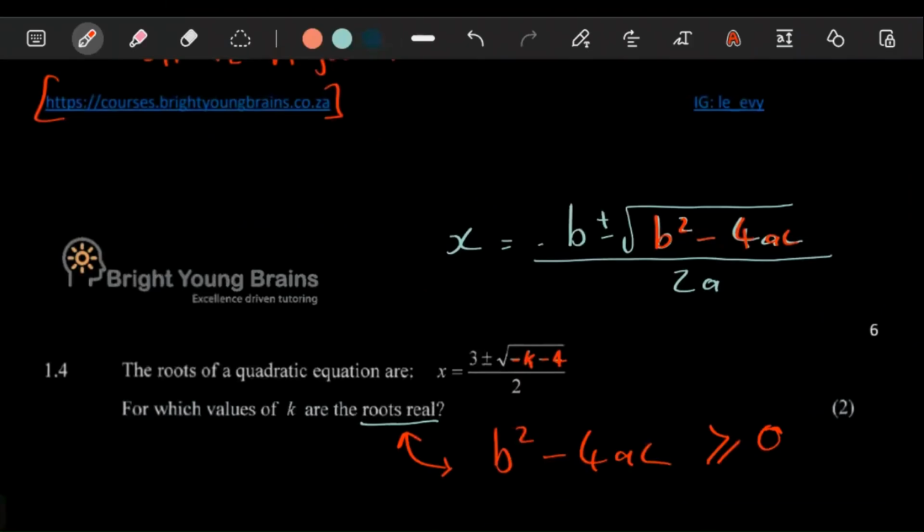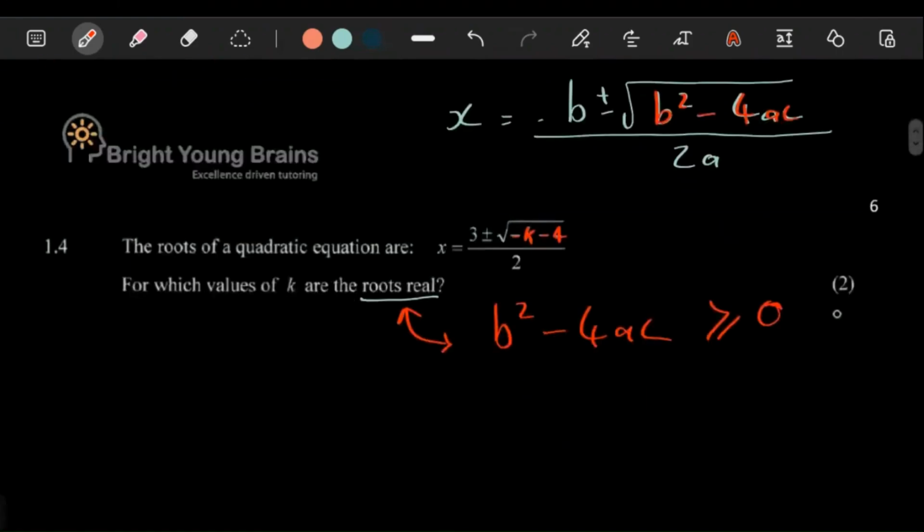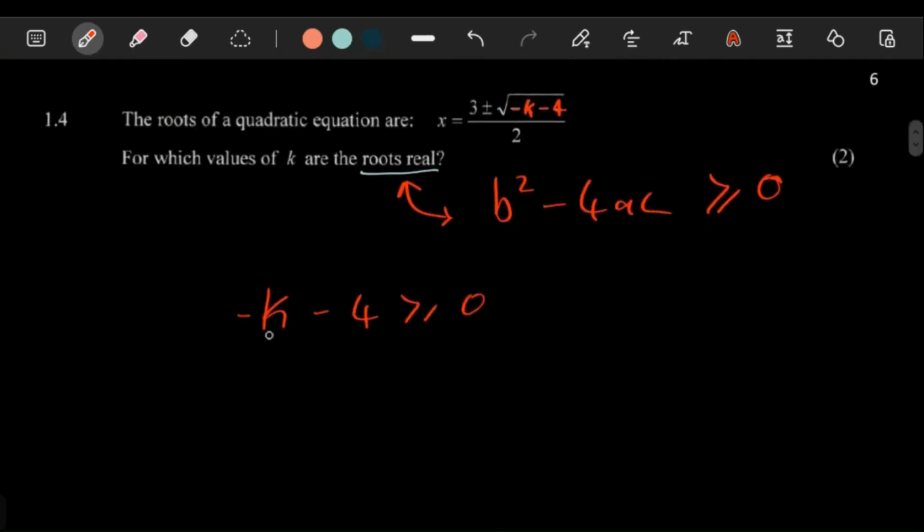Whatever they're giving you now, the b squared minus 4ac is just represented by the negative k minus 4. Hence why it is just a 2-mark question. So all we have to do is work out where minus k minus 4 is bigger or equal to 0.